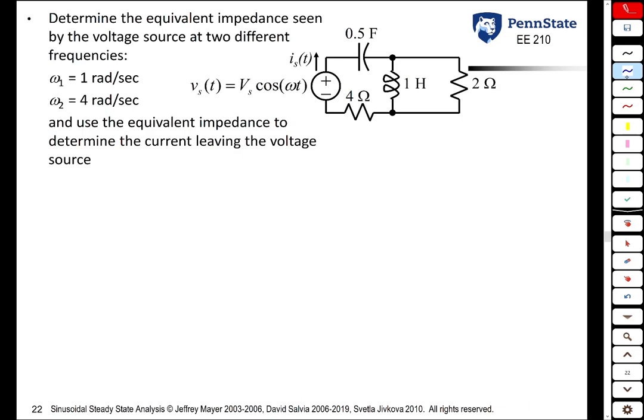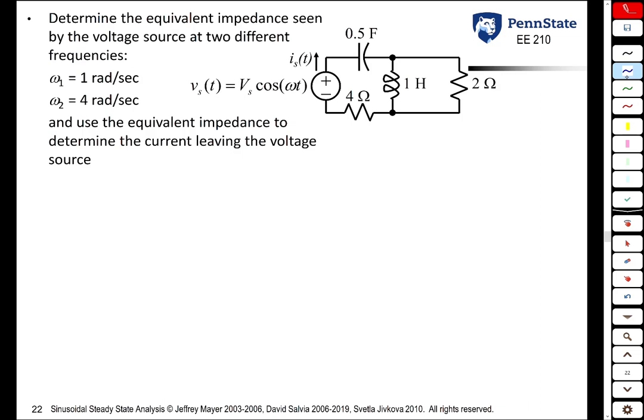And we're asked to determine the equivalent impedance seen by the voltage source at two different frequencies. Remembering, in general, impedance is a function of frequency. If all you had was resistors, that wouldn't be the case. But once you introduce capacitors and inductors into the circuit, the impedance is going to be frequency dependent.